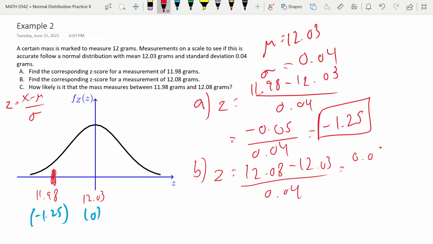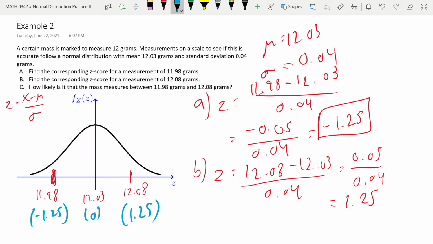That's 0.05 divided by 0.04. And when we do the division, that's a positive 1.25. Notice that this guy and this guy are the same in magnitude, but different signs. So here I will have 12.08 grams. That's from my actual distribution. But in blue underneath, we have the z-score for it, 1.25.